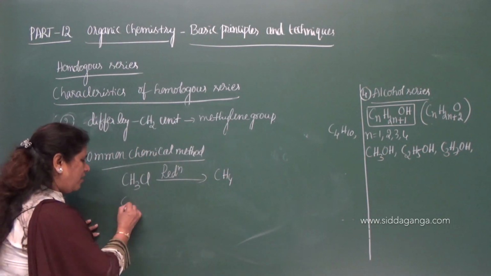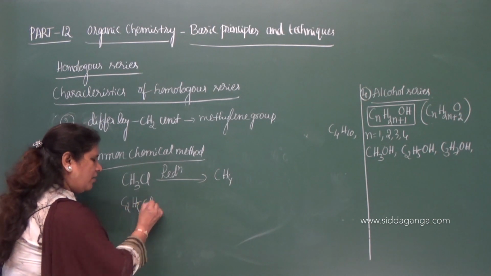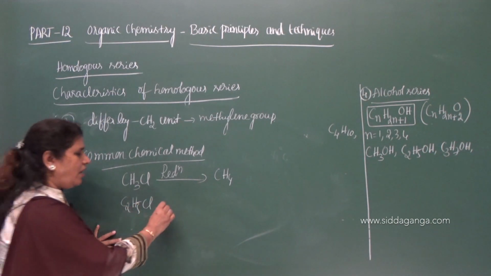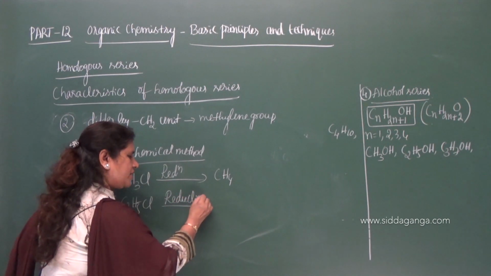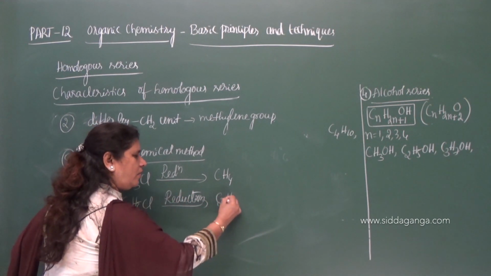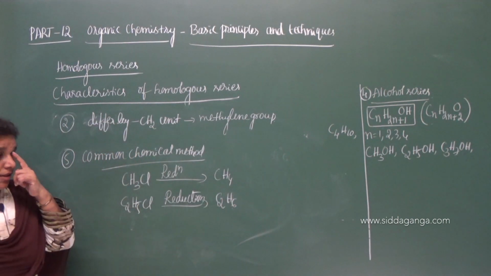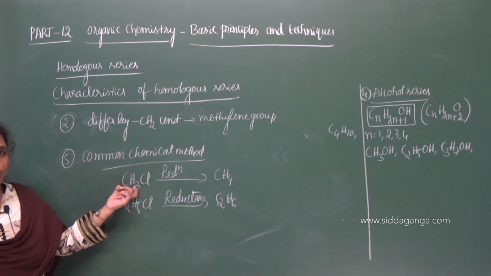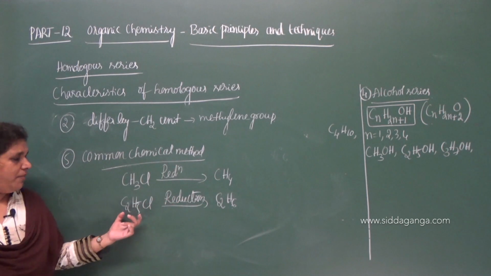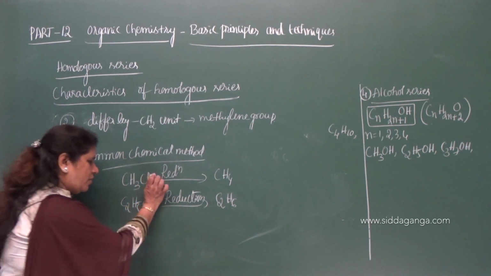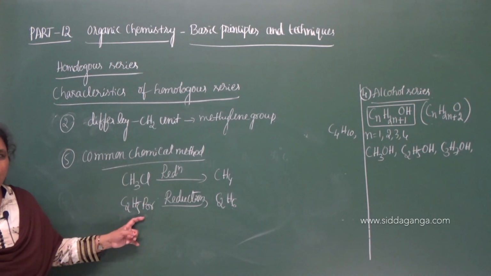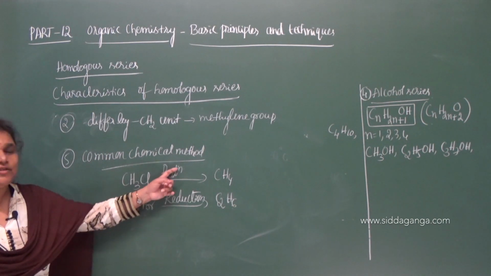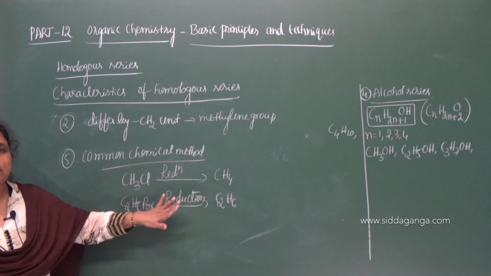After the reduction of chloromethane, you will get methane. Similarly, how to get ethane? By the reduction of chloroethane. So methane is obtained from chloromethane, and ethane is obtained from chloroethane. You can even use bromoethane. You can change the halogen derivative, but the method used for the preparation of the alkane remains the same.